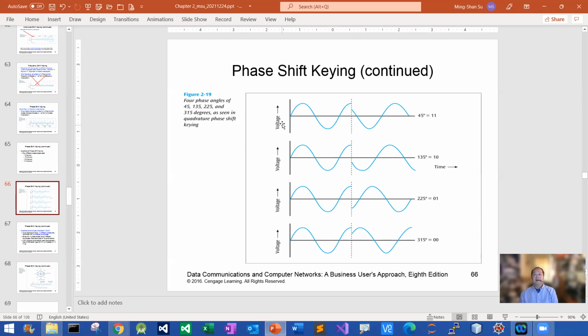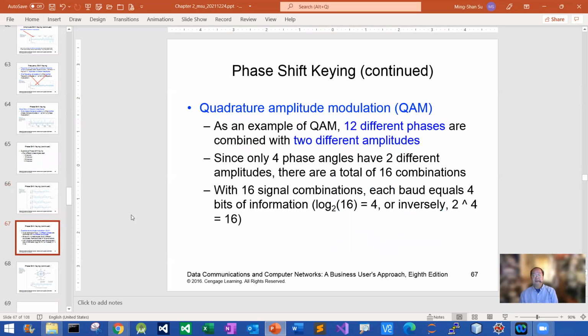But then we can also use different heights of the waveform, so that is what this slide tries to say, with 2 different amplitudes. Since 4 phase angles have 2 different amplitudes, there are a total of 16 combinations, and with 16 signal combinations, each baud equals 4 bits of information.